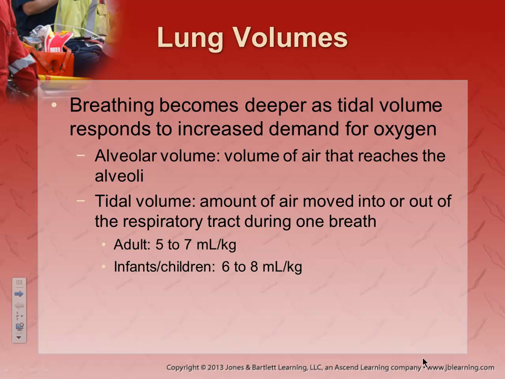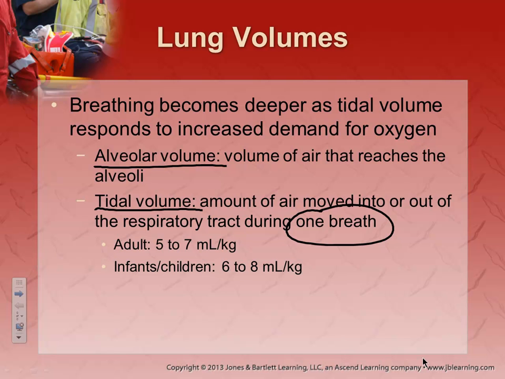All right. Here are some terms that you've heard before, so we're not going to spend a ton of time on this. Lung volumes. Alveolar volume is the volume of air that reaches the alveoli. Tidal volume is the amount of air moved in or out in one breath.